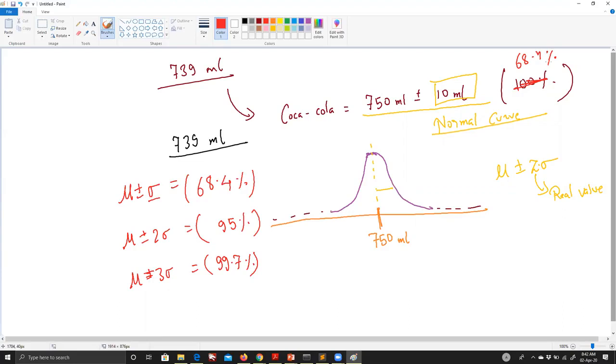The sample size is less. Not exactly. They are mentioning 10 ml as, let's say, one standard deviation only.